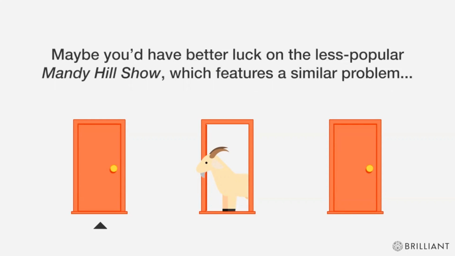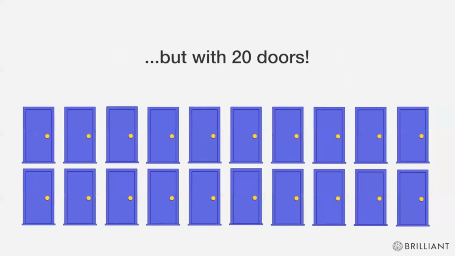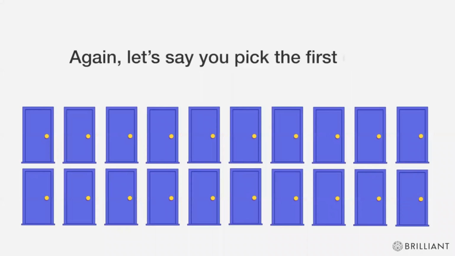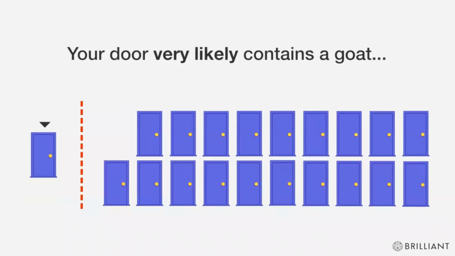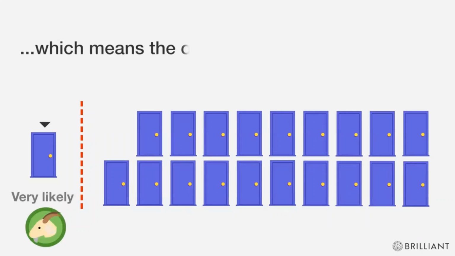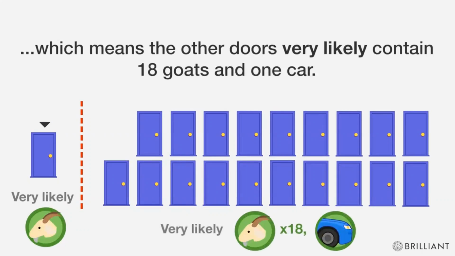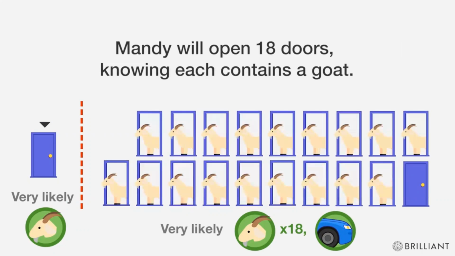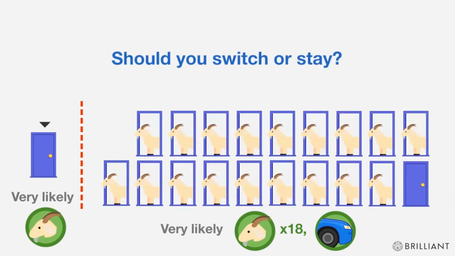So maybe you'd have better luck on the less popular Mandy Hill show, which features a similar problem, but with 20 doors. There's still just one car. Again, let's say you pick the first one. Your door very likely contains a goat, which means the other doors very likely contain 18 goats and one car. And Mandy will now open 18 doors, knowing each contains a goat. Should you switch instead?